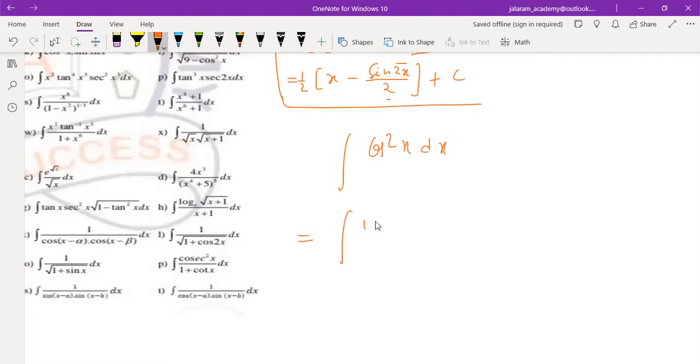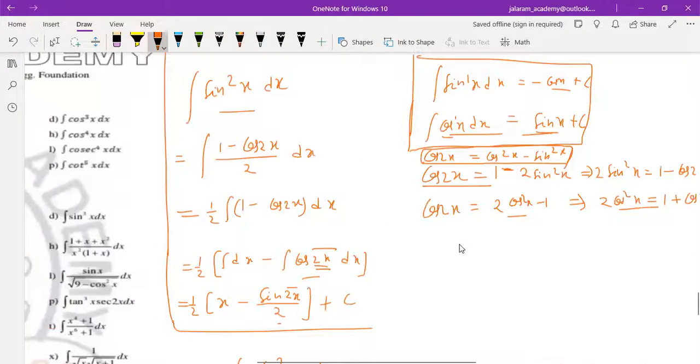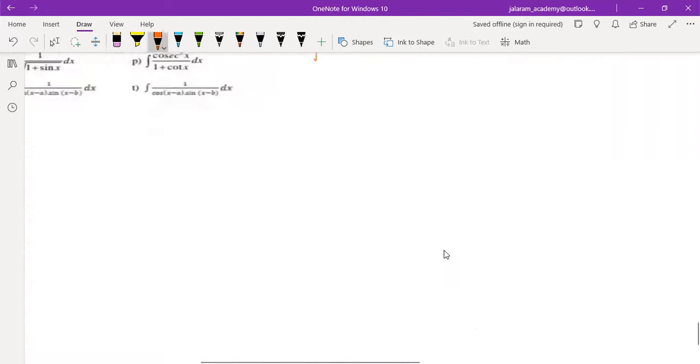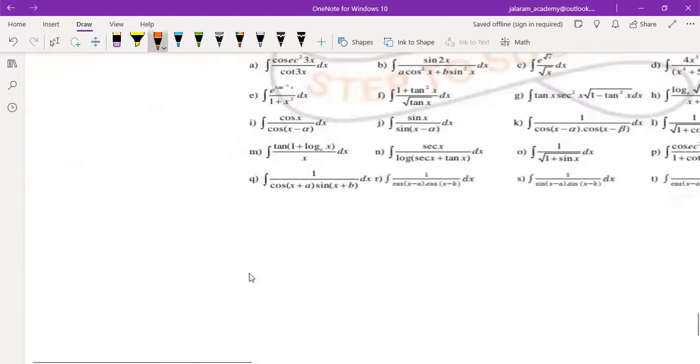First we write 1 plus cos 2x upon 2 dx, using cos square x equals 1 plus cos 2x upon 2. Then half is common, into integration of 1 plus integration of cos 2x. So there is a difference of only sign: in place of minus, this will be plus. The answer is x plus sin 2x upon 2, plus c.